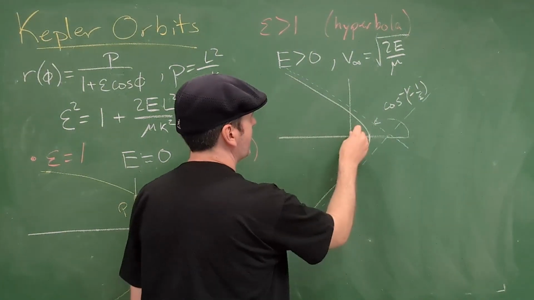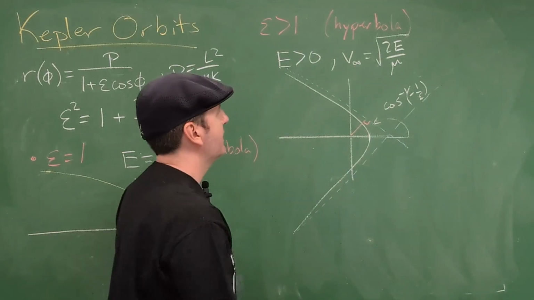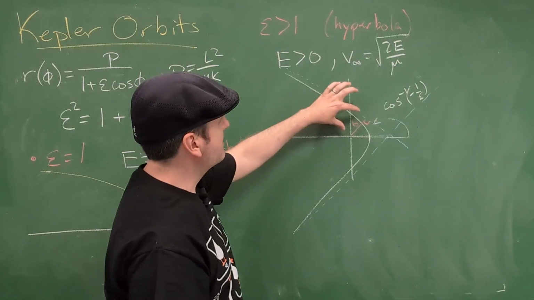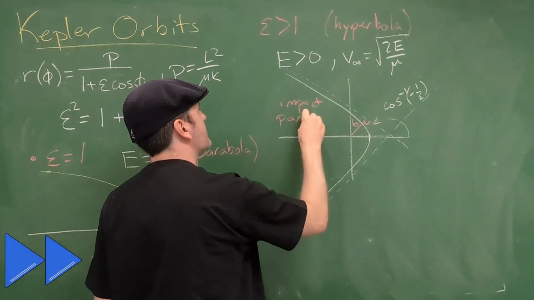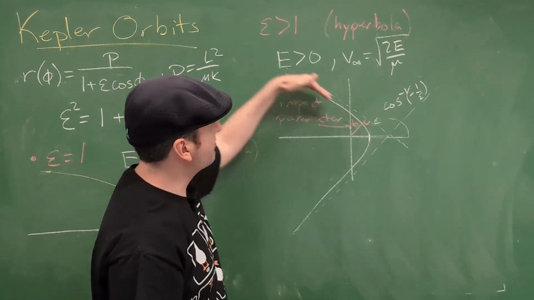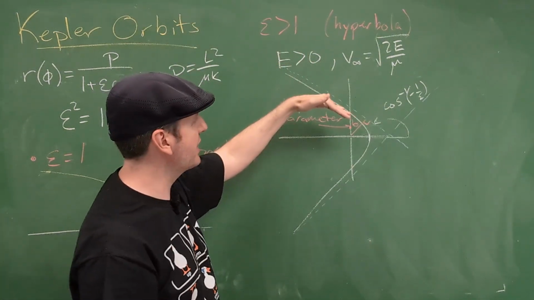Now we'll examine the geometry of hyperbolas more later, but one thing we want to recognize is there is another b that shows up pretty naturally here, and that's this distance. This value b is sometimes called the impact parameter. It's the point of closest approach of this asymptotic dashed blue line trajectory.